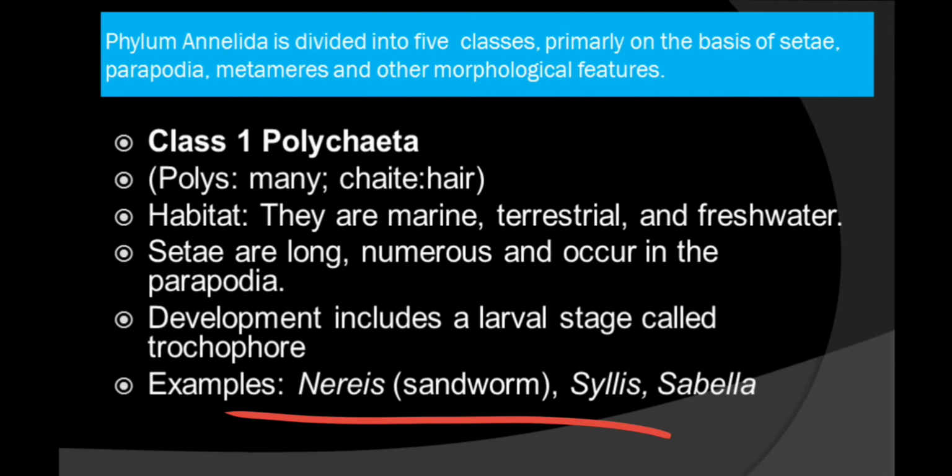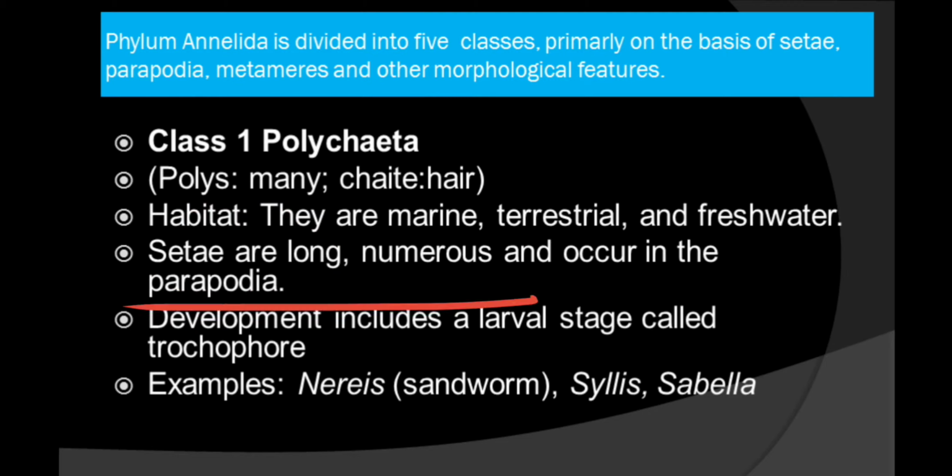These animals are mostly marine, some are terrestrial and freshwater. Setae are long, numerous and occur in the parapodia. Development includes a larval stage called the trochophore larva. So here the development is through the larval stage. Learn the name of the larva: the trochophore larva.